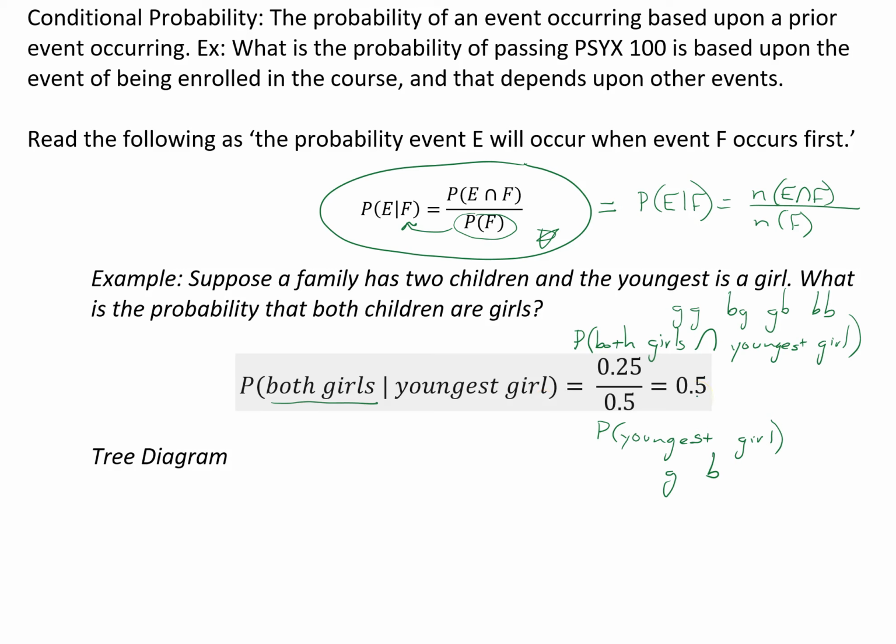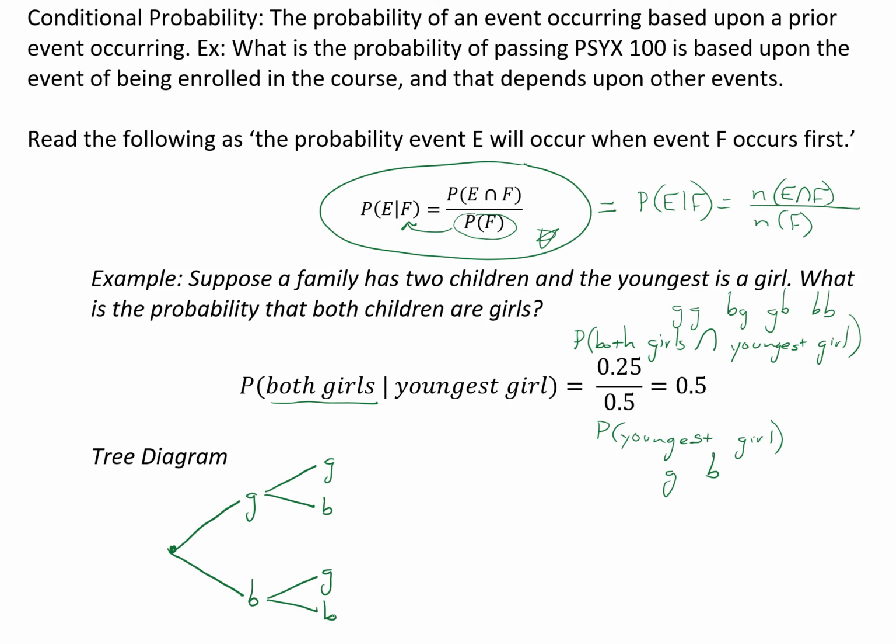This problem could also be solved with a tree diagram. A tree diagram would say that we would have had 2 children born. This first layer of branches would say that the first child could have been a girl or a boy, and then the next layer could have been a girl or a boy. So we have the situation that we could have girl-girl, girl-boy, boy-girl, or boy-boy.